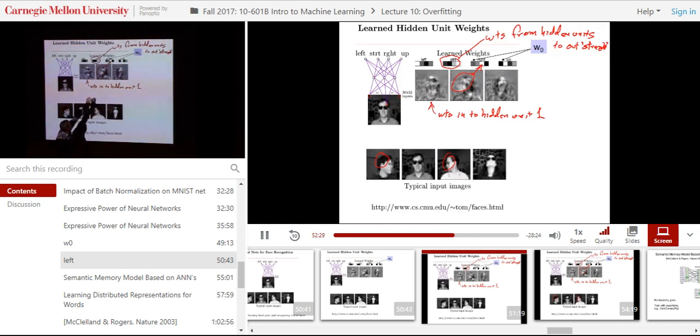It has learned that if there are light pixels in this part of the region, then there's a good chance that the person's looking to their right, and that's captured by the output unit. So this is one of the good cases where you can get a glimpse of how the network is performing the classification. You can jive it with your own intuition.